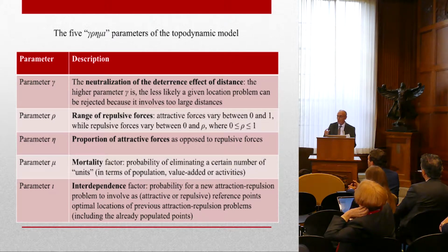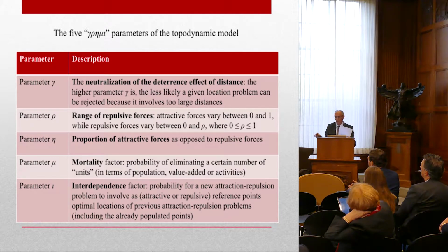So the parameters: let us say the first one refers to a kind of gravity model, but it is the deterrence effect of distance, okay? So we can reject some randomly selected problem because it involves too great distances, okay?